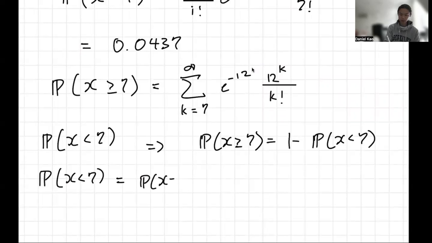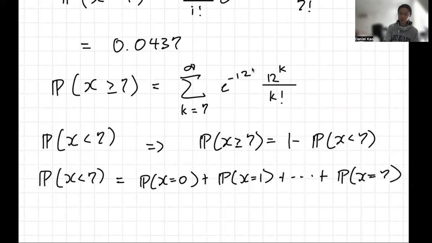Probability that X equals 0 plus probability that X equals 1, and so on up to X equals 7. For each of these, we just plug in the same Poisson formula. I'll just do this term to show you: e to the negative 12 times 12 to the 0th power over 0 factorial.